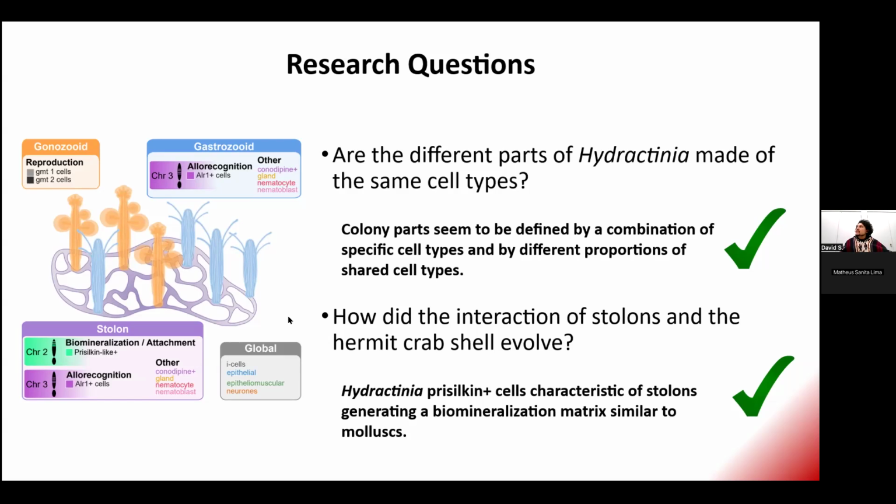In addition to this, the stolons are highly enriched with allorecognition positive cells and other cells, as I told you, the mix and match organization of the different parts of the colony. But more importantly, is this capability of generating a biomineralization and an allorecognition that resembles the shell matrix of mollusks.